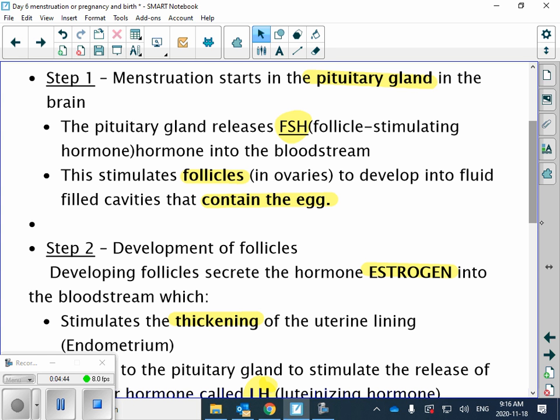Again, the pituitary gland releases follicle-stimulating hormone into the bloodstream. That stimulates those follicles that carry those eggs suspended in meiosis in the ovaries to develop. They develop into fluid-filled cavities that protect and nourish the egg while it finishes maturing.